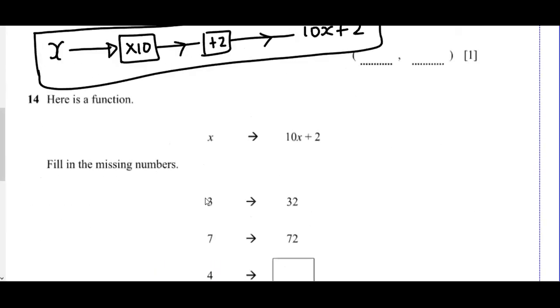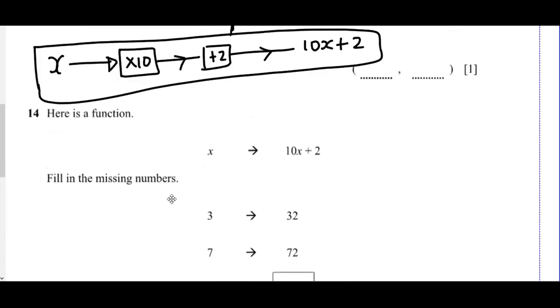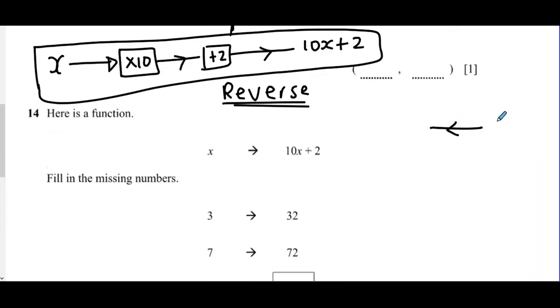I hope you can see the function machine there: X, which is your input, has been multiplied by 10. The answer you get, add 2. Now what if you reverse the process? To reverse the process, we do it this way: your input will be here.